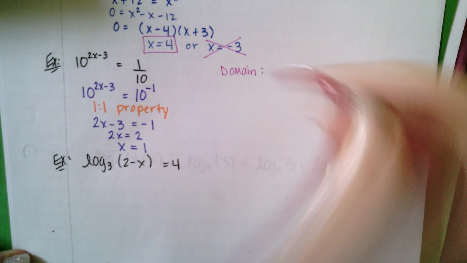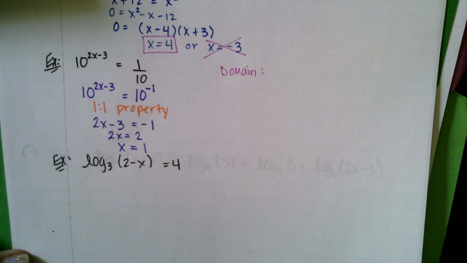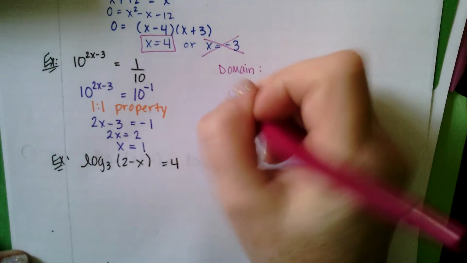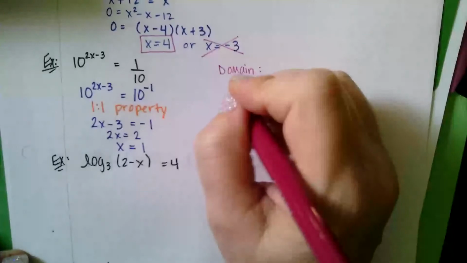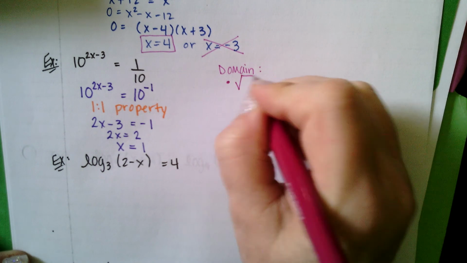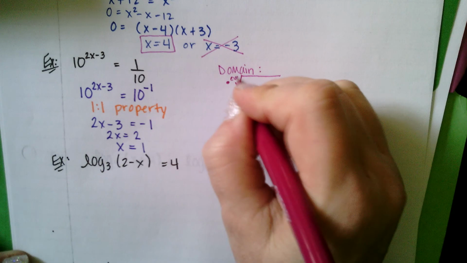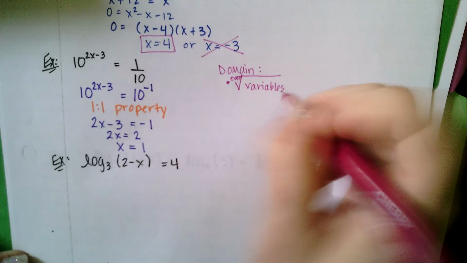We've already said that if there is a log with a variable in it, we have to look at domain. So what are our 3 types of domain concerns? From a long time ago, if we had variables inside an even index radical, we have to look at domain.